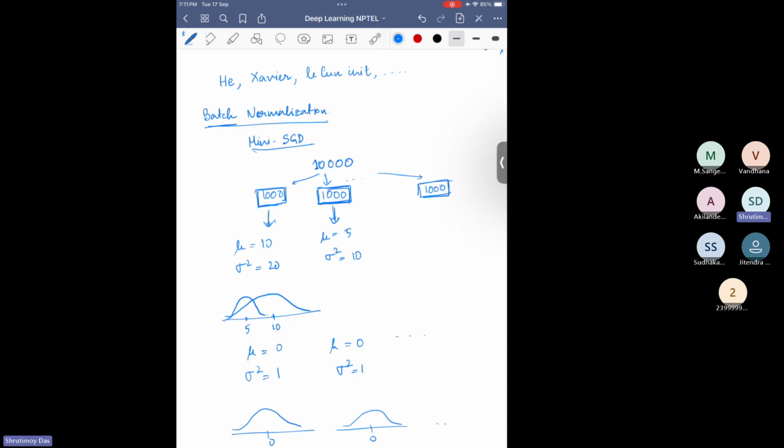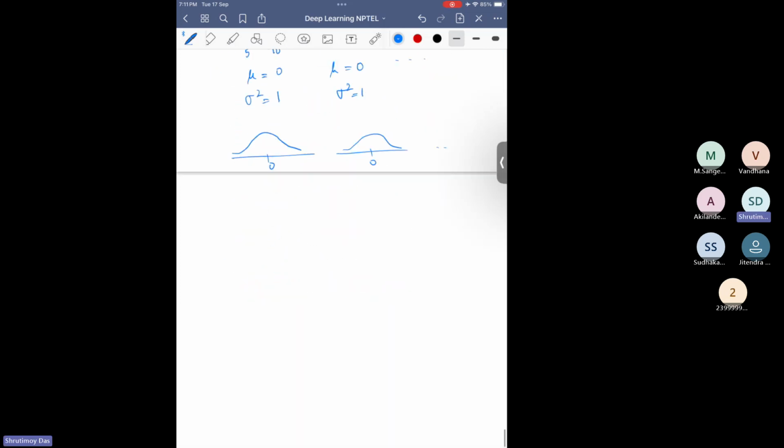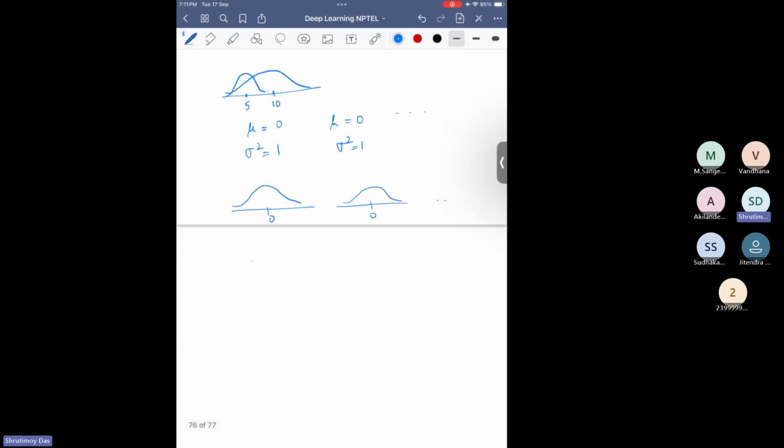So now your algorithm behaves uniformly for each of these batches. This is where the concept of batch normalization comes in. So suppose my output is some x. You subtract the expectation, or the mu, of that x over the batch, x batch, and divide it by the sigma batch of that.